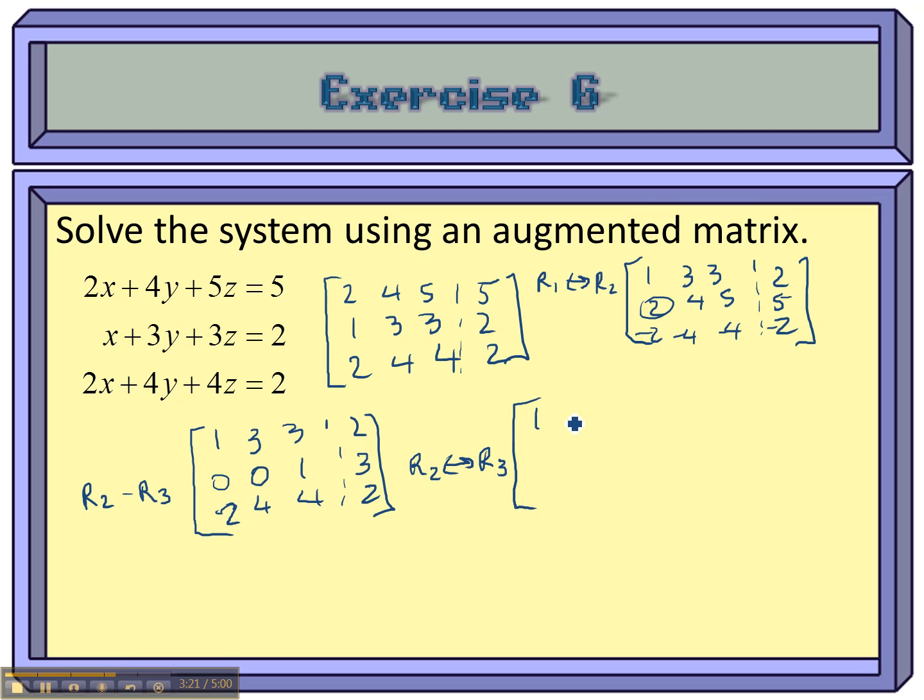So 1, 3, 3, 2, 2, 4, 4, 2, and the bottom equation 0, 0, 1, 3. And notice that this means that I already know what the z value is going to be. It's going to be z equals 3. So now I need to get rid of this 2. And I can do a couple of things.